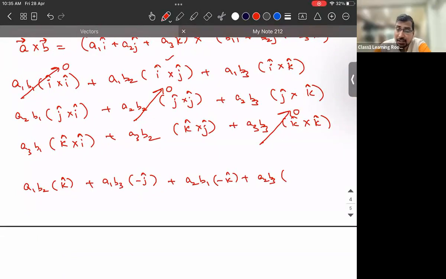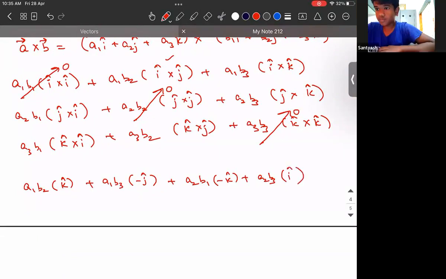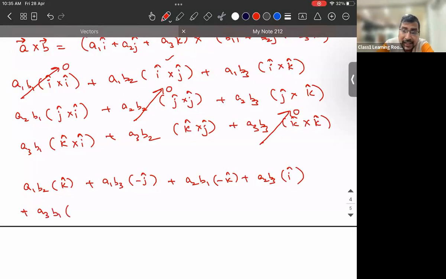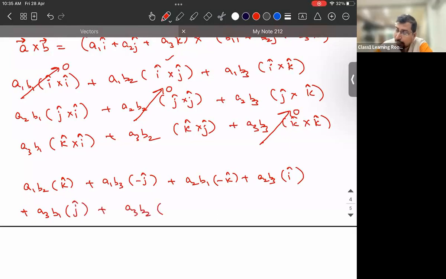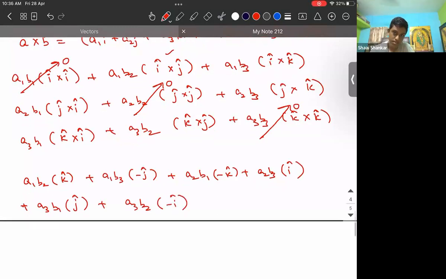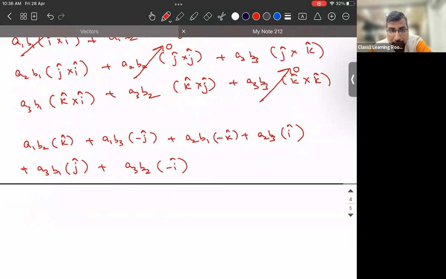J cross K will be I. Then A3 B1 K cross I, the positive J. Correct. Plus A3 B2 K cross J, clockwise, minus I. Negative. Okay. Now the logic is very simple.